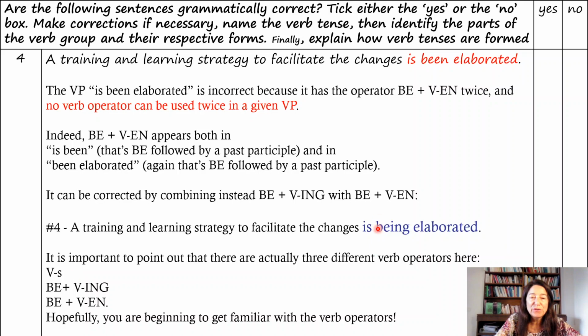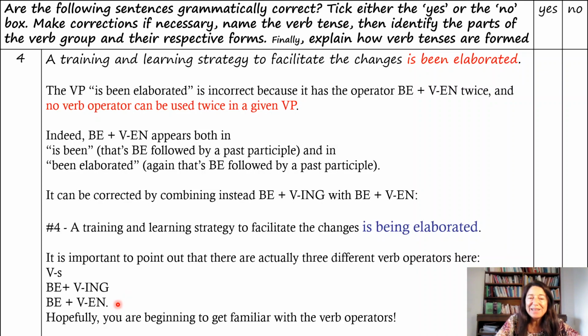And the present tense is on what? It is on be, obviously, and be is followed by a verb in the ING form. So we have VS and then be plus VING. And then this VING is actually be, which is followed by the past participle, VEN, of the verb elaborate. So we have VS plus be plus VING plus be plus VEN.